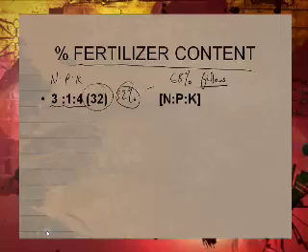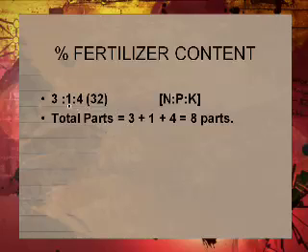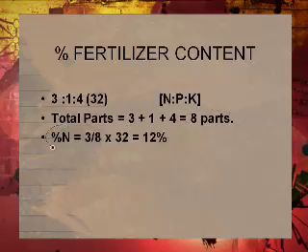where your plants are. So in this case, the total parts are 3 + 1 + 4, which is 8 parts. And if I want to get the percentage of nitrogen on that 8 parts, it will be 3 for nitrogen over 8 times 32, which will be 12%.